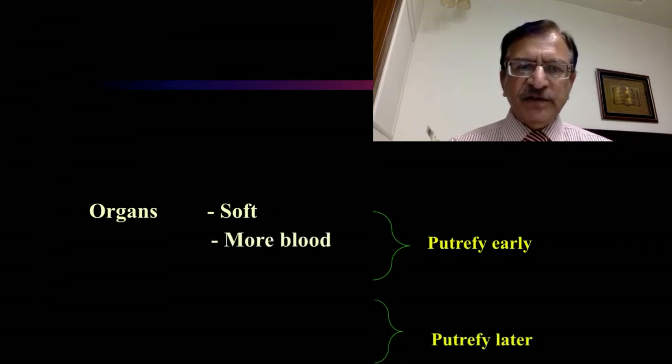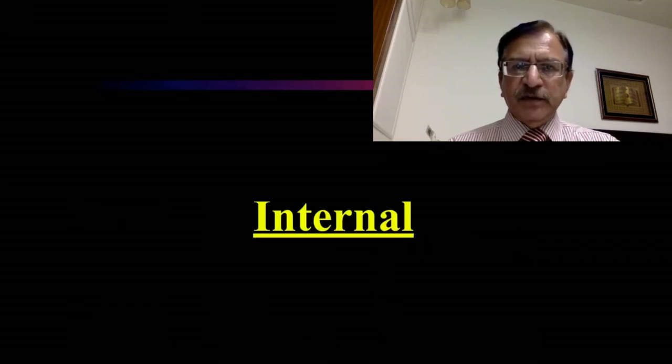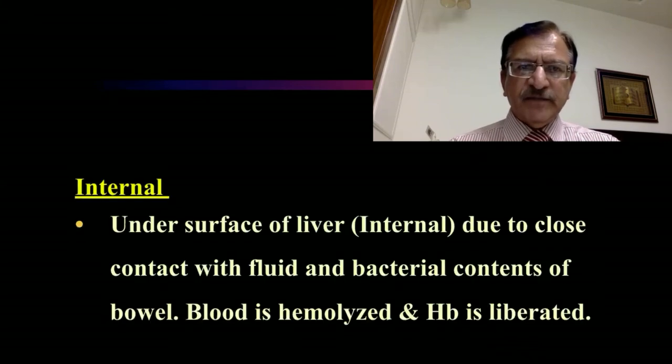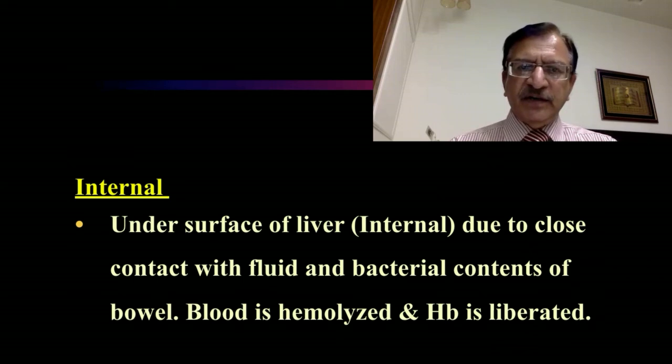And the organs which are hard and have less blood supply putrefy late. So internally, the putrefaction progresses such that it starts from the undersurface of the liver, being close to contact with fluid and the bacterial contents of the intestine.